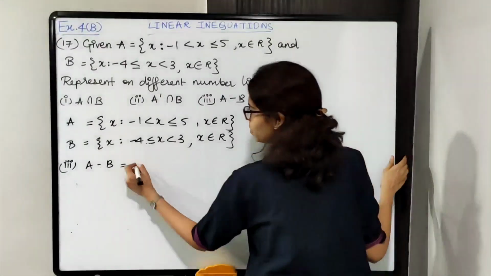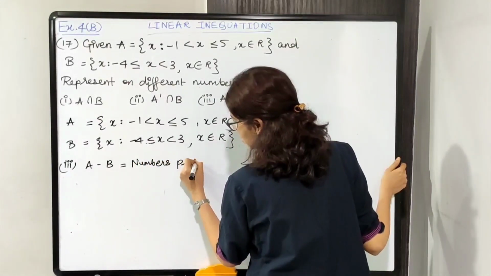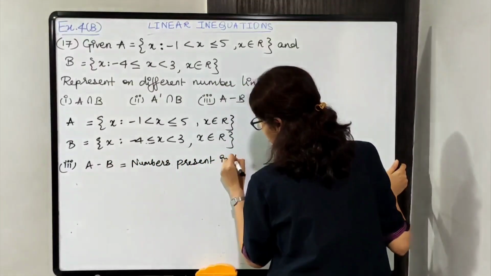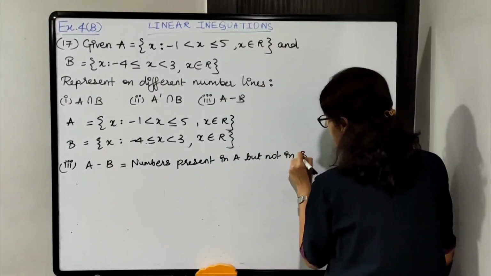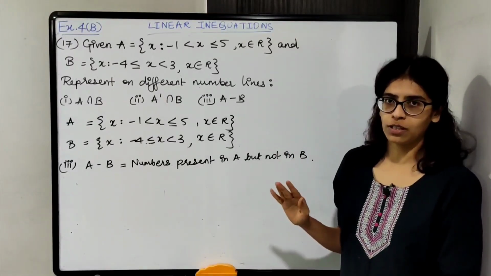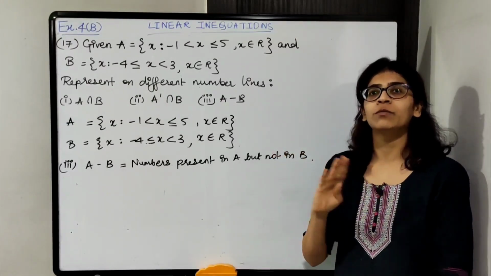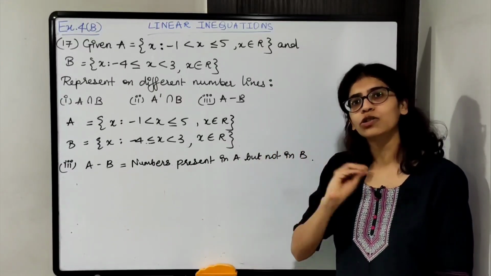So A minus B is numbers present in A but not in B. Okay, it should be in A but must not be in B. So if there are any common elements between A and B, you will remove those.